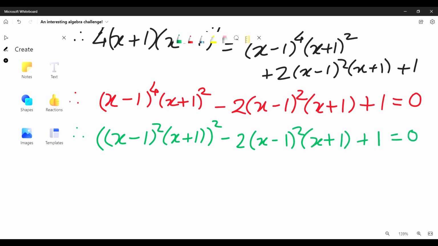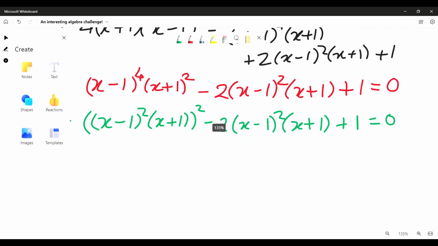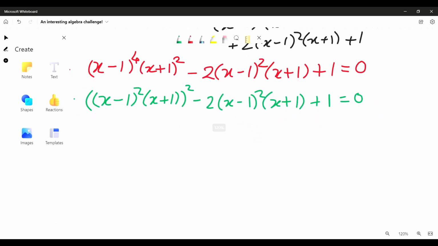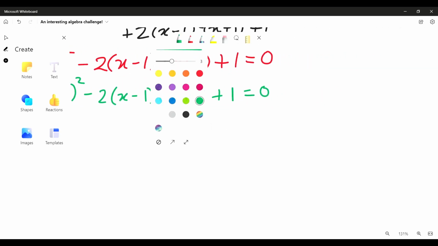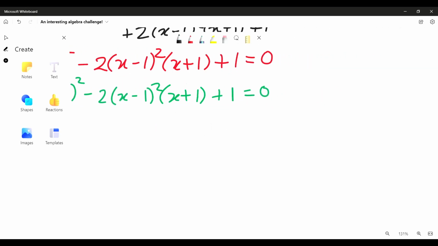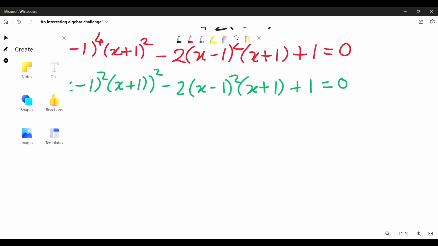This is a quadratic in (x minus 1) squared times (x + 1). And not just any quadratic, this is a square of a minus b, as the coefficients are 1, minus 2, and 1.